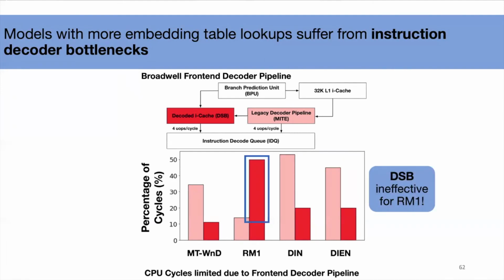Particularly, ARM1 shows issues with its DSB. And this DSB bottleneck can be tied to algorithmic model architecture features of ARM1. In particular, the model requires a high degree of embedding lookups.